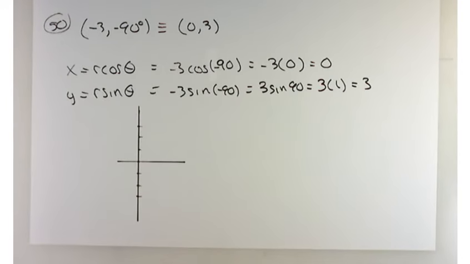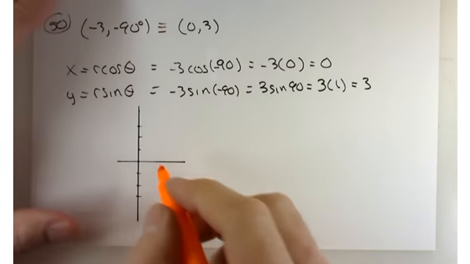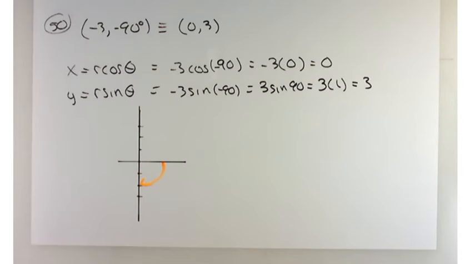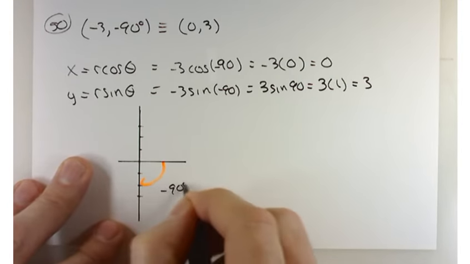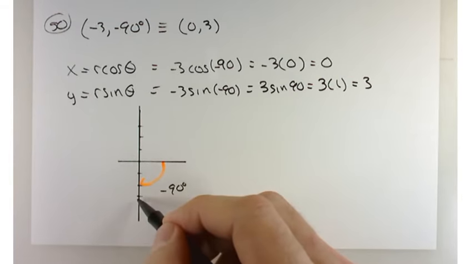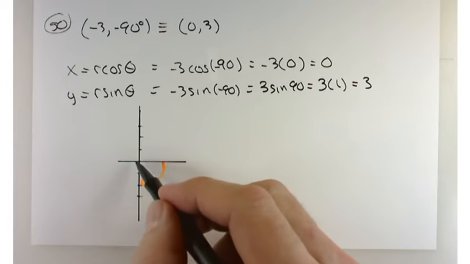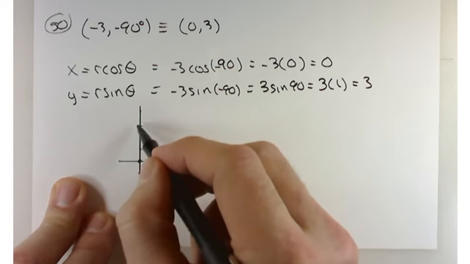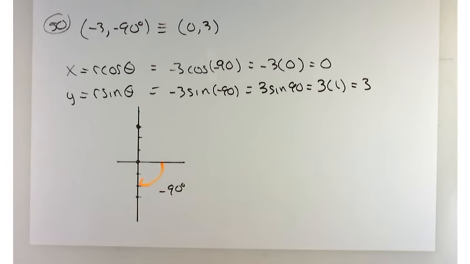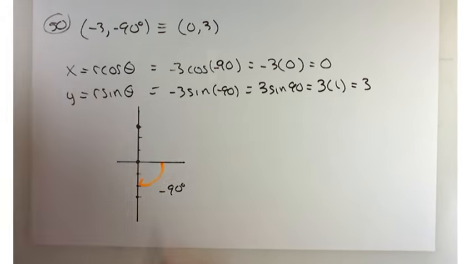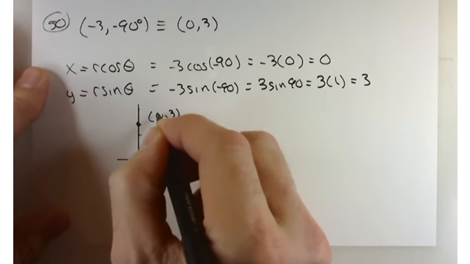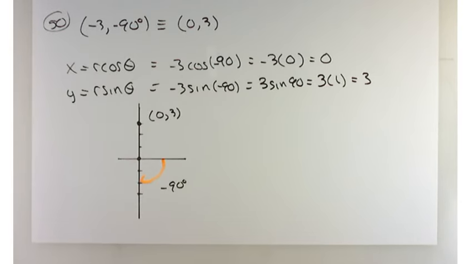If I wanted to graph the point negative 3, negative 90, I would start out by finding that angle. So that's your negative 90. A radius of 3 would put me down here. But I've got a radius of negative 3, so I have to go to the other side of the origin. Reflecting it up here puts me right here. And that point is right on the y-axis. 0, 3. So it's nice that geometrically this makes sense. It matches what we would expect.